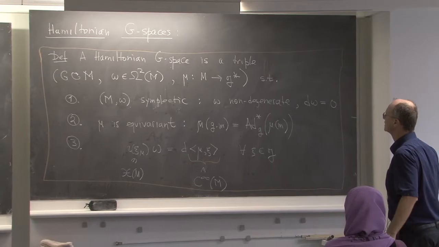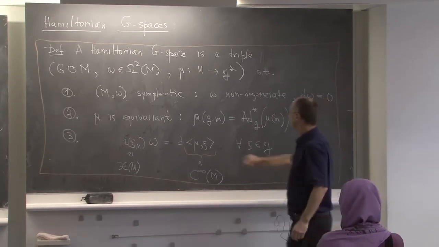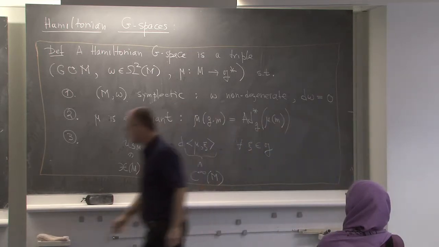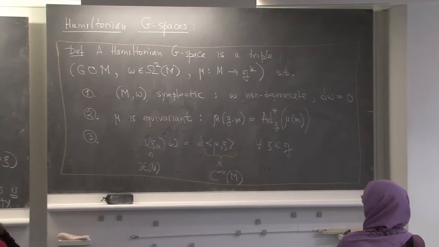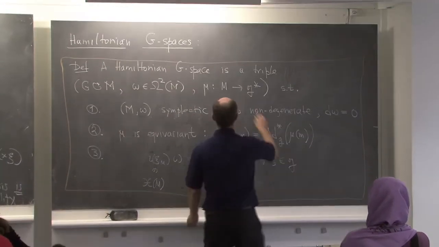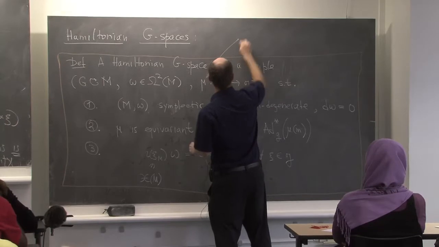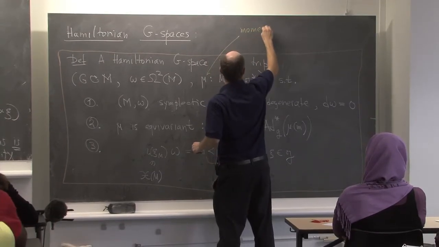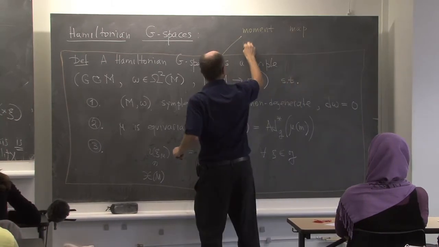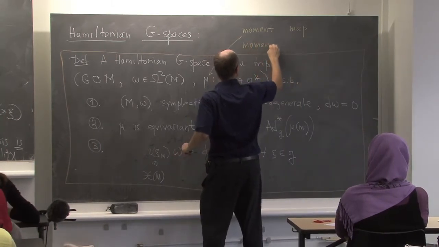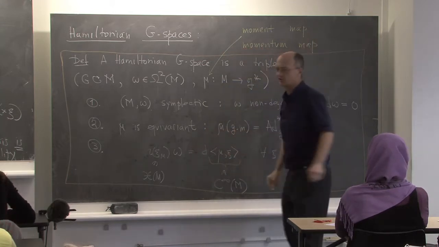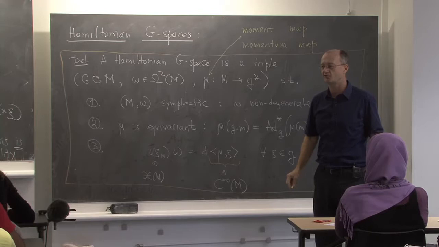One more thing. I often call it a moment map, this mu, but there is the following terminology issue. So mu is a moment map, but many people call it a momentum map. So these are different schools of thought.